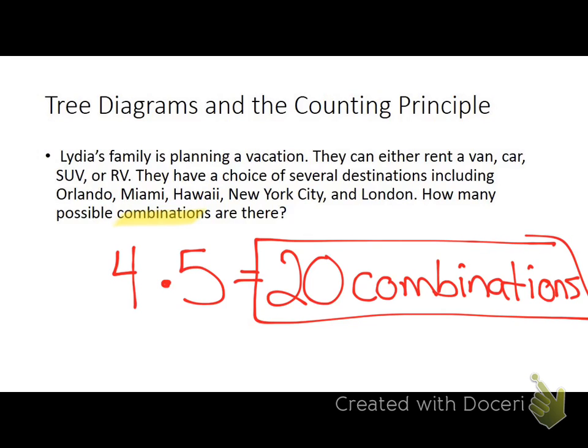Okay? So, guys, this is the difference. Categories and options within the categories, I use the counting principle to calculate. Now, if I'm selecting a certain number from a total, that's going to be a combination or a permutation. All right, so now let's look at some other scenarios and calculate the total number of possibilities there.